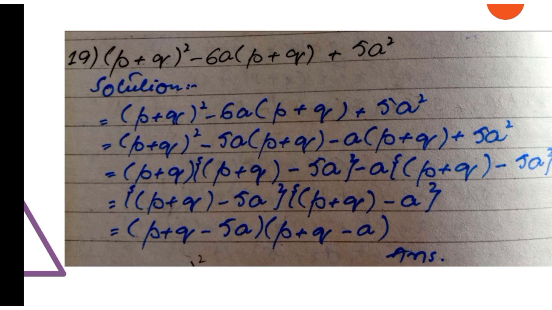Now both of these brackets p plus q minus 5a are the same, so I write it only once, and the remaining terms are p plus q minus a. Now remove these braces. That's why I have written p plus q minus 5a, and in another bracket p plus q minus a. So these are the two factors of this expression.